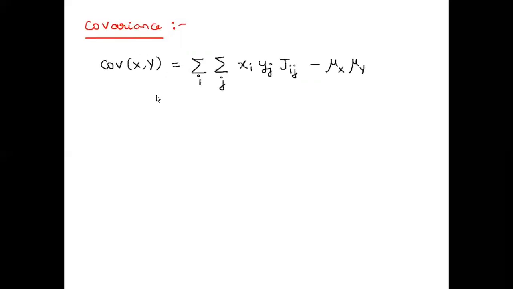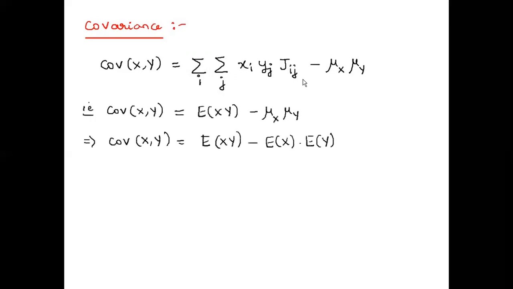Now we will note down the definition for covariance. Covariance of x comma y is given by summation over i, summation over j, xi, yj, jij minus mu x into mu y. And this summation over i, summation over j of xi into yj into jij is the same as writing E of xy, the expectation of x into y, the product, minus mu x, mu y.